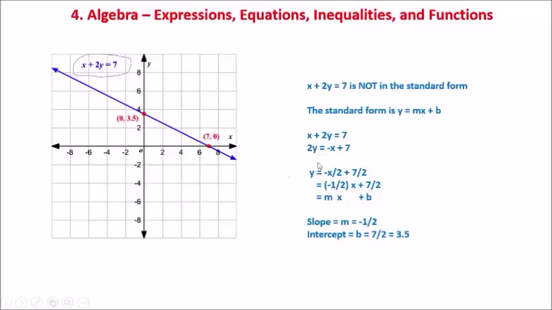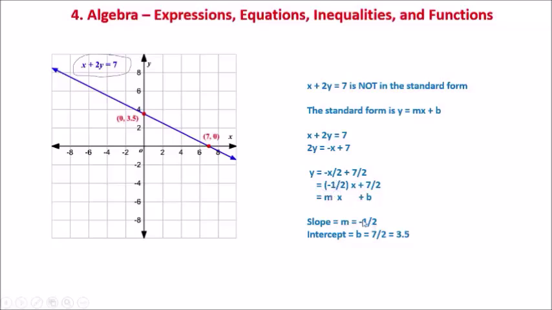So on the left-hand side, I get a y. Right-hand side, I divide by 2. So it's minus x over 2 plus 7 over 2. So that means that minus x over 2 means what? It's minus 1/2 times x plus 7 over 2. Now I have y equals mx plus b. What are we plugging in?